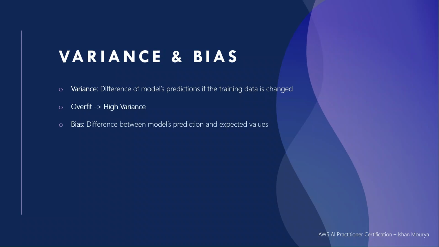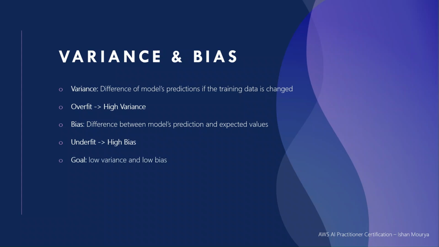Bias is the difference between your model's prediction and the actual expected values. We have seen in case of underfit, the model is not able to make good predictions. So if you have underfit, that means you have a high bias. The ideal solution is a low bias and low variance.